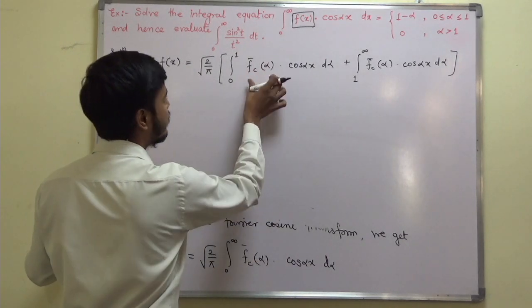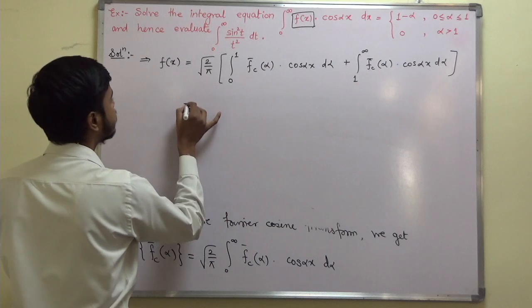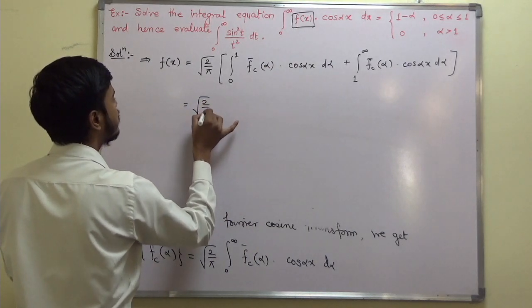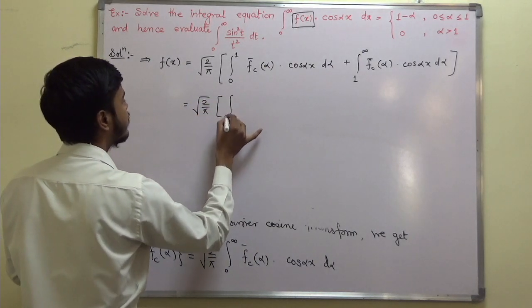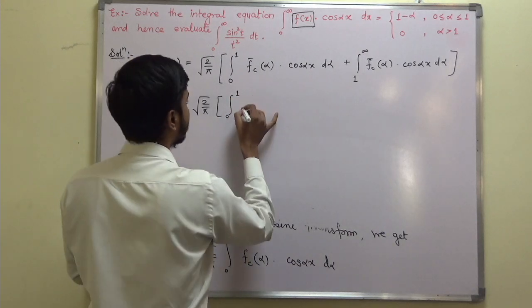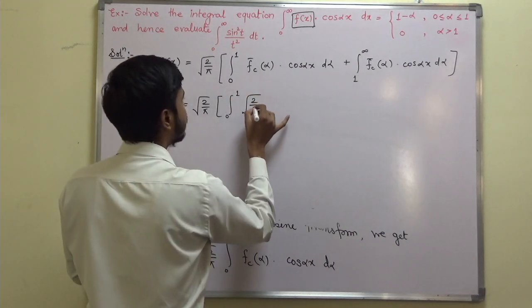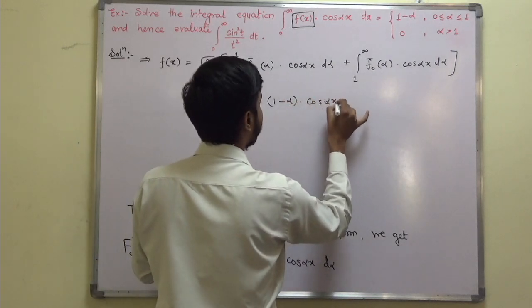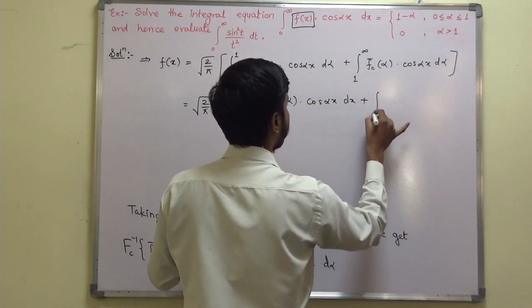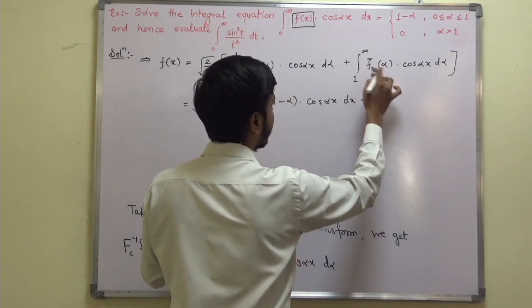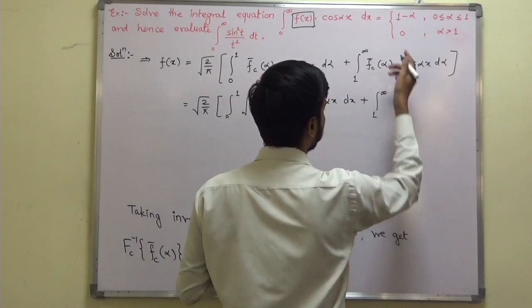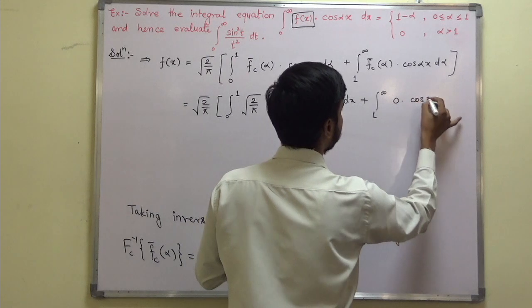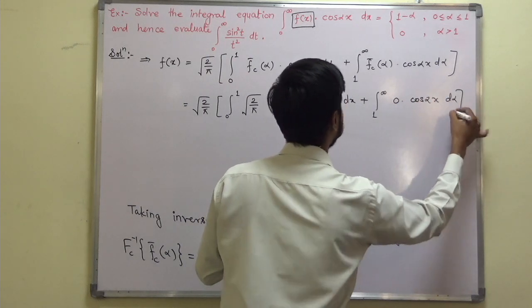So in 0 to 1 we have root 2 by pi, so this is 2 by pi. The value of this is root 2 by pi into 1 minus alpha into cos alpha x d alpha plus integral 1 to infinity. The value in the interval 1 onwards we have to be 0, cos alpha x d alpha.